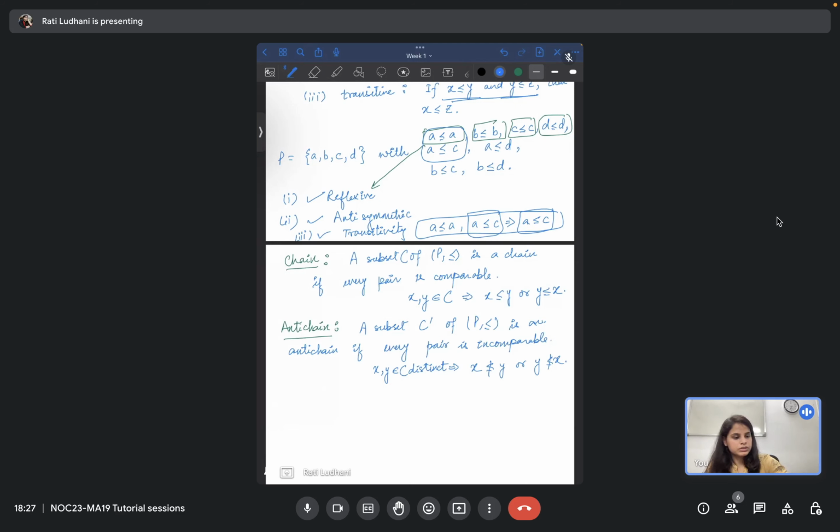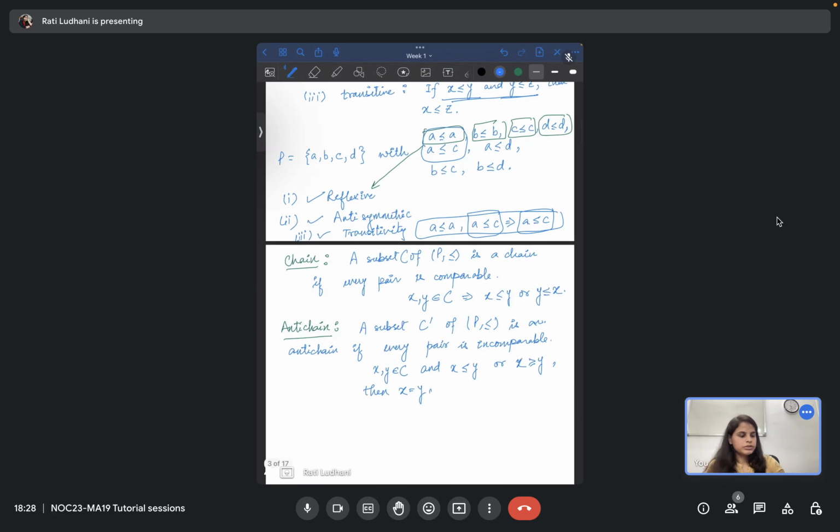As he said, we can write it as: if x and y belong to C' and x is less than or equal to y or x is greater than or equal to y, then x equals y. So two distinct elements are incomparable.